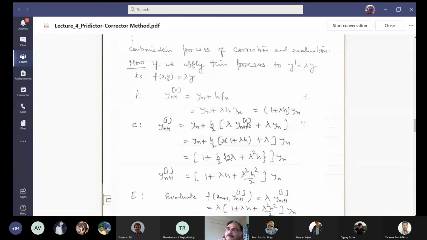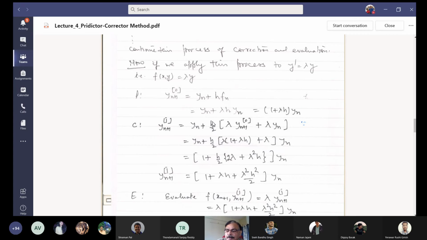The coefficient of f(x_{n+1}, y_{n+1}), where lambda y_{n+1} is the full f(x_{n+1}, y_{n+1}), will be only h by 2. Is that clear? Okay, sir.